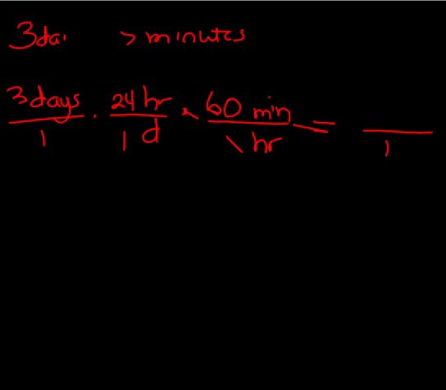What do you get? 3 times 24 times 60 gives us 4,320 minutes. So we can officially say that in 3 days there are 4,320 minutes.